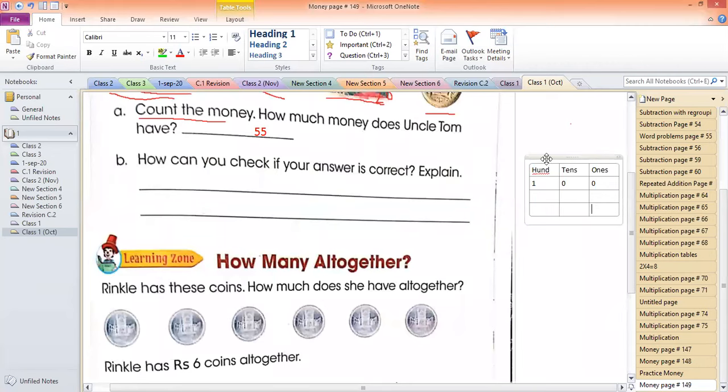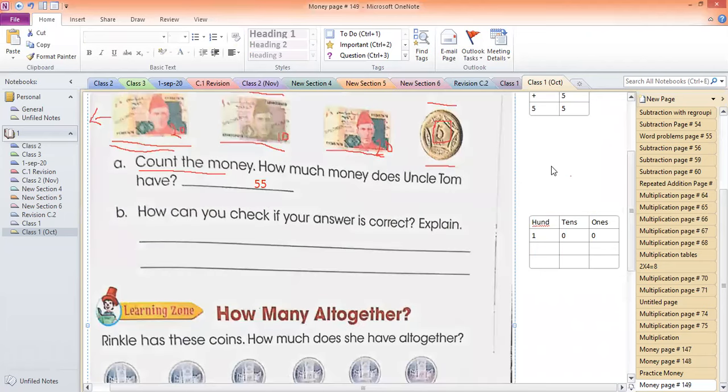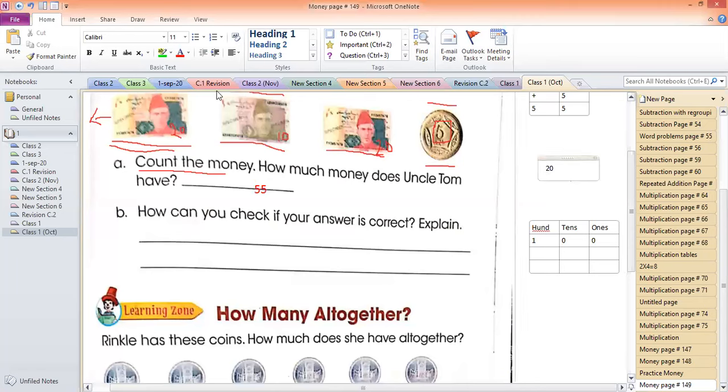Just do addition. So this is a currency note of 20. You add 20 plus 10 plus again 20 and plus 5, and that becomes 55. So this is how you know that Uncle Tom has 55 rupees.